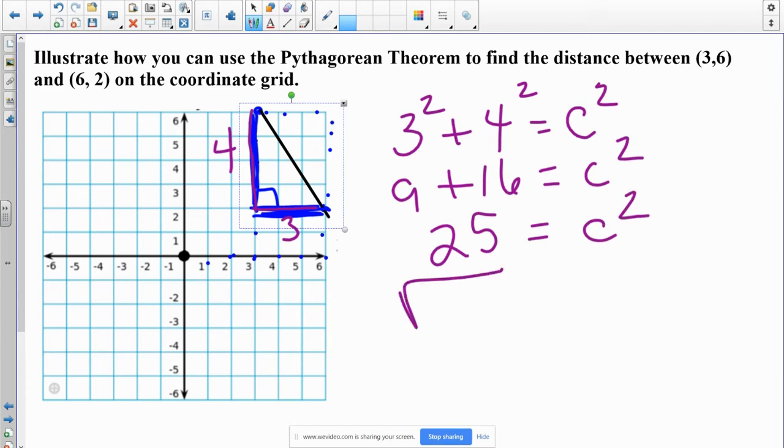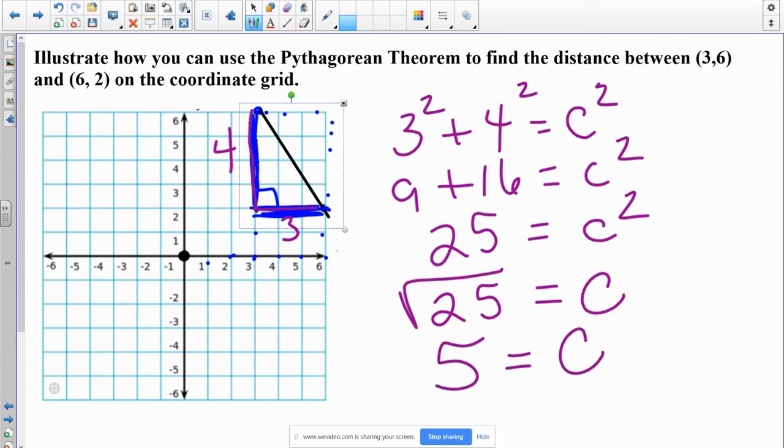Then you take the square root of 25 equals c, and it's a nice rational number of 5. So this would be 5 units long. One leg is 3, one leg is 4, and then the hypotenuse is 5.